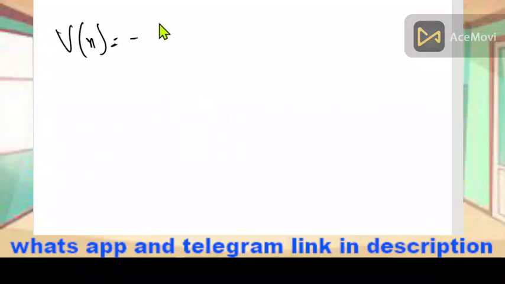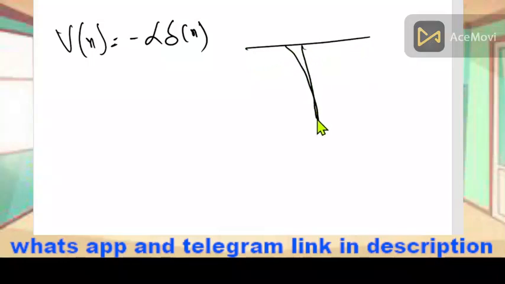Now why is it a well? Because our potential was V x equal to minus alpha delta x. So this is the situation in the negative direction, minus alpha. So we are considering this as a delta function well. Diagrammatically you can see the bound state wave functions for the Dirac delta potential.